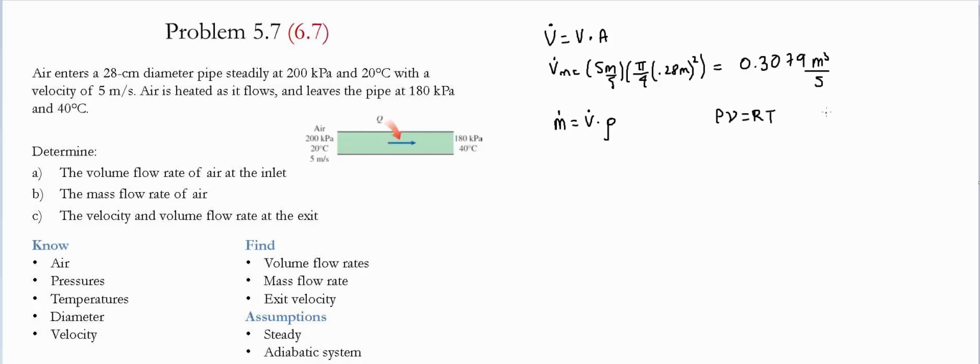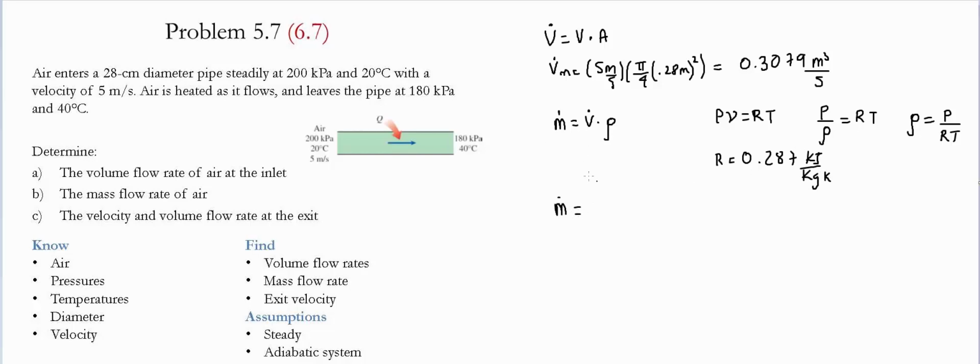Specific volume is the inverse of density, so pressure divided by density is equal to RT. Therefore, density is simply pressure divided by RT. The value of R for air is 0.287 kilojoules per kilogram Kelvin. So we're going to substitute all these quantities into this equation.